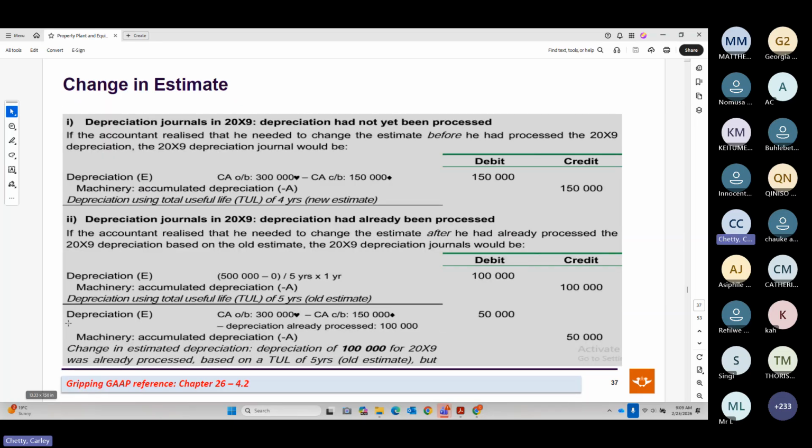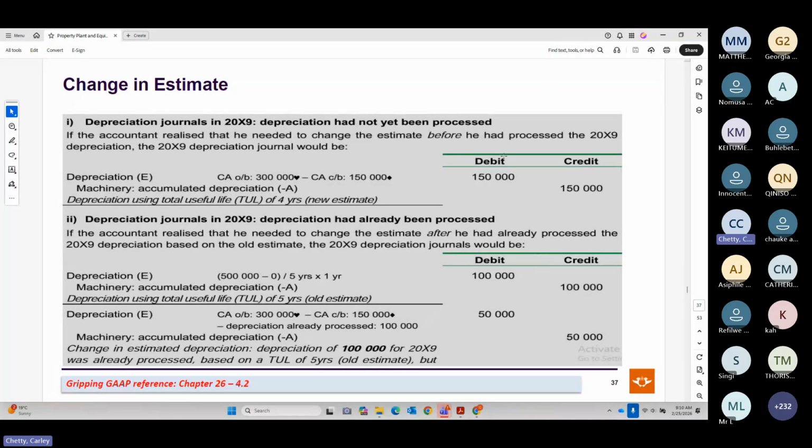So the accountant will then process a further journal, debit depreciation 50,000 Rand, credit machinery accumulated depreciation with 50,000 Rand, and they'll say that the journal was processed based on the old total useful life of 5 years, but now we have a change in estimate and we are processing a further 50,000 Rand.